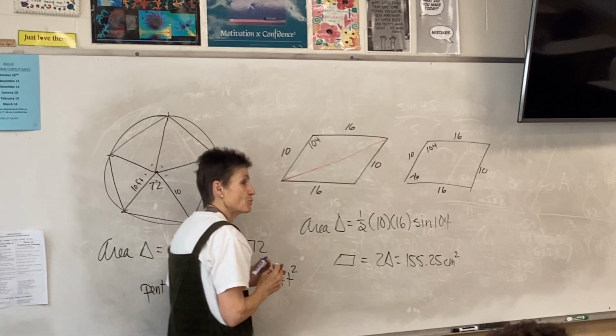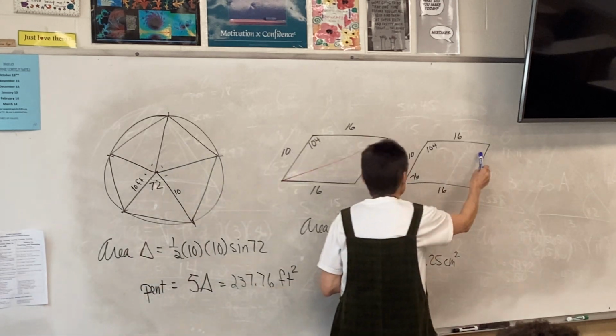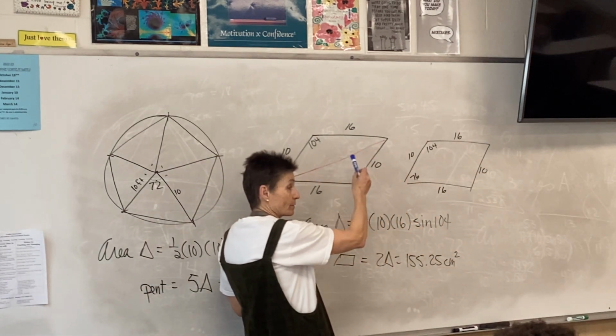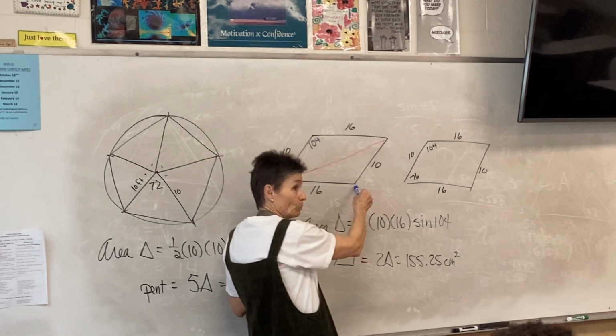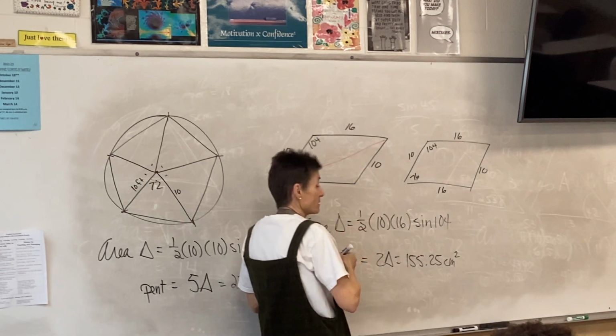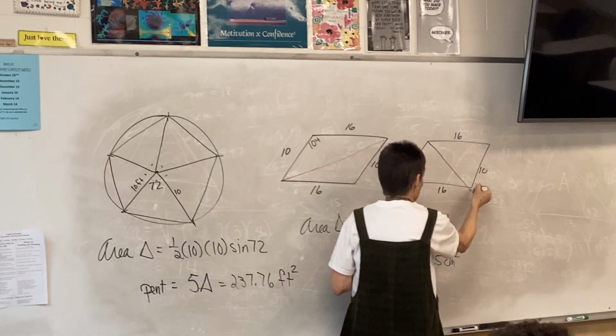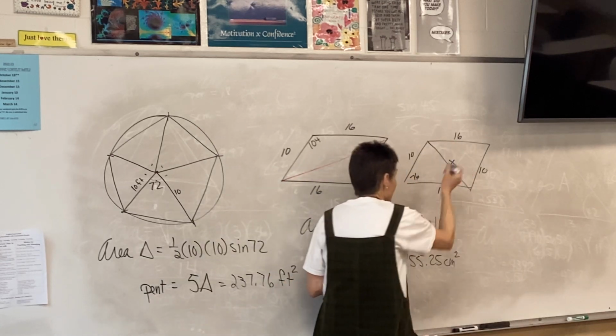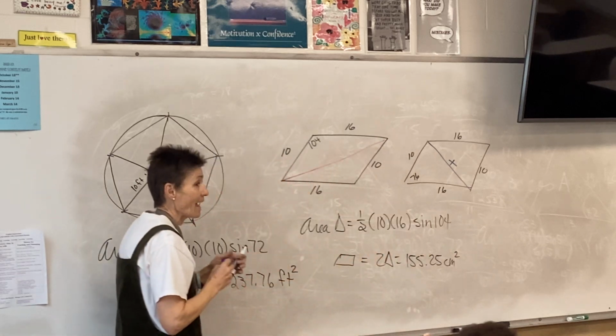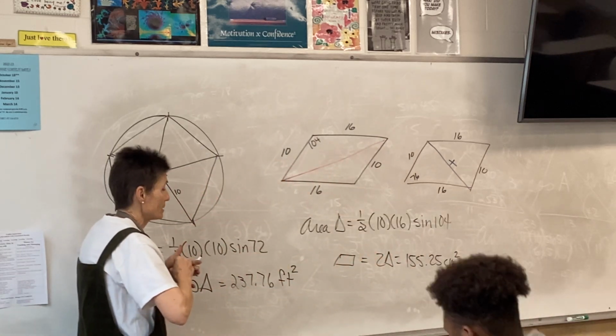So use your common sense. You've got this diagonal, the red one that I drew. You also could have drawn the blue one. And isn't the blue one shorter? So I'm going to get rid of that angle because I'm going to cut it, and I want to find the length of that blue segment.